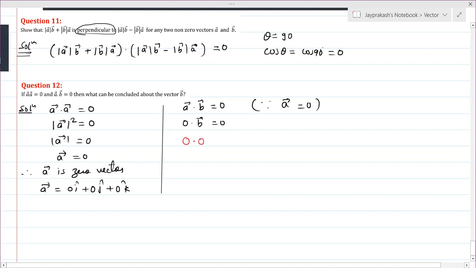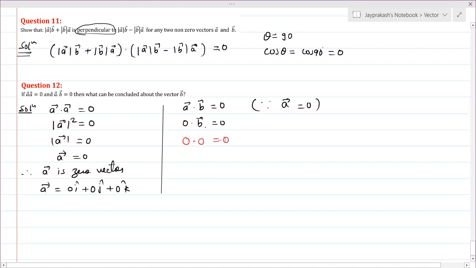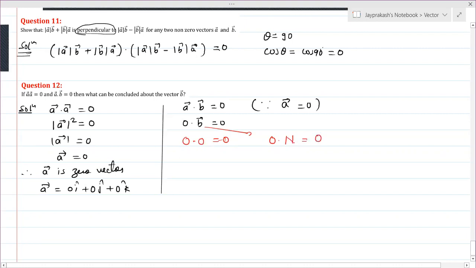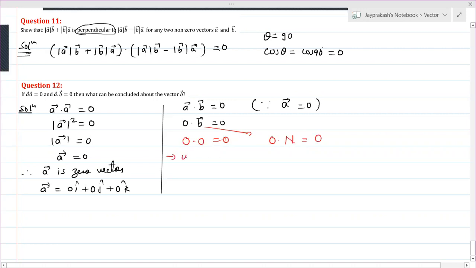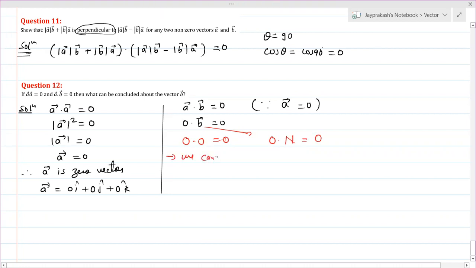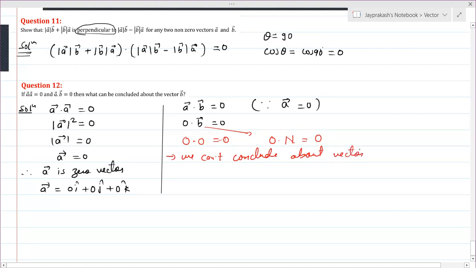it may be that vector B is also the 0 vector, then we will get 0, and the second situation will be vector B is anything, we don't know what is the value of vector B. Whatever numerical value we get for vector B, suppose the numerical value is n, then again it will give us 0. So what we will write here, we can't say anything, we can't conclude about vector b.